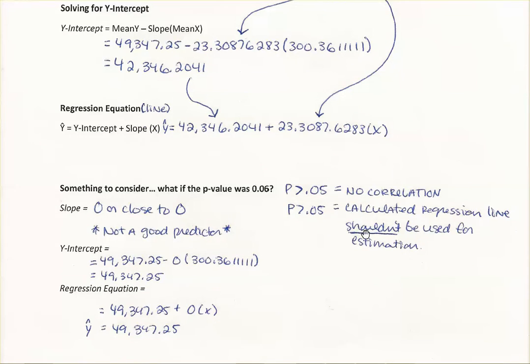Yet, let's say we want to go ahead and find that regression equation anyway. Whenever there's no correlation because of the p-value, we know that our slope is 0 or close to 0.